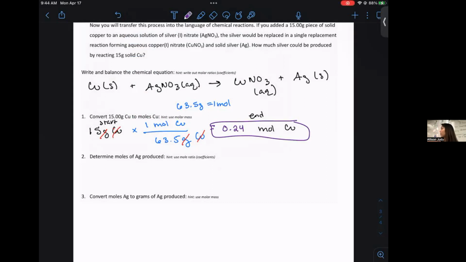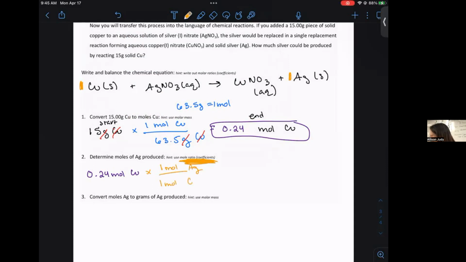Okay, now that I'm in moles, I ask you to determine the moles of silver made from this specific amount of copper I have. If I start with 0.24 moles of copper, I know from my balanced chemical equation that for every 1 copper, I make 1 silver in moles. So balanced chemical equation, molar coefficients, switching substances: I have 1 mole of silver for every 1 mole of copper.